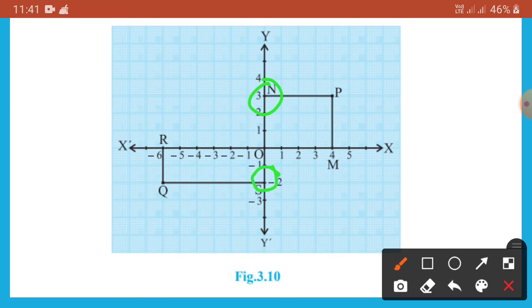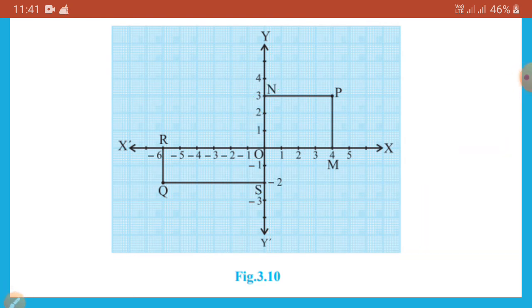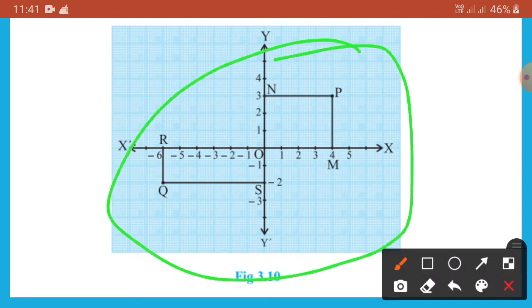Okay, so the y coordinate is also called the ordinate. In stating the coordinates of a point in the coordinate plane, that means the xy plane or Cartesian plane, the x coordinate comes first and then the y coordinate.